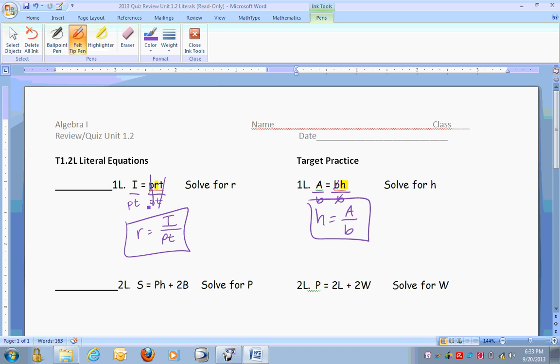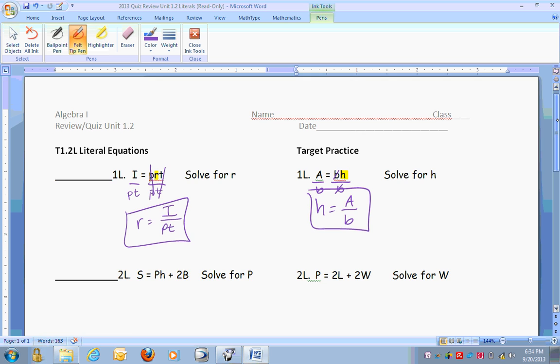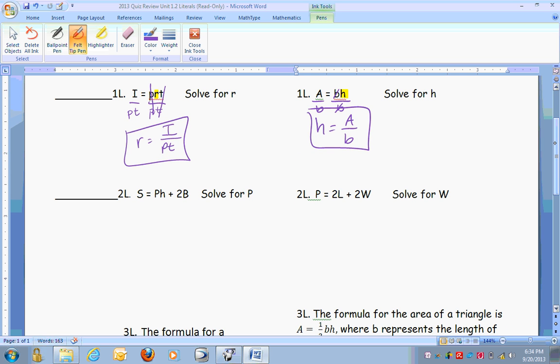And in number 1 under the non-target practice, that's I equals PRT, interest equals principal times the rate of interest times time. So that's what those equations are. These are equations that we actually see often.